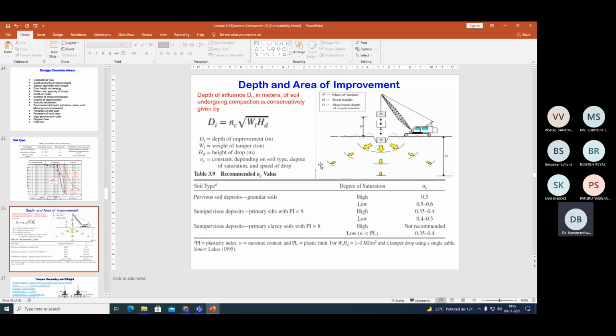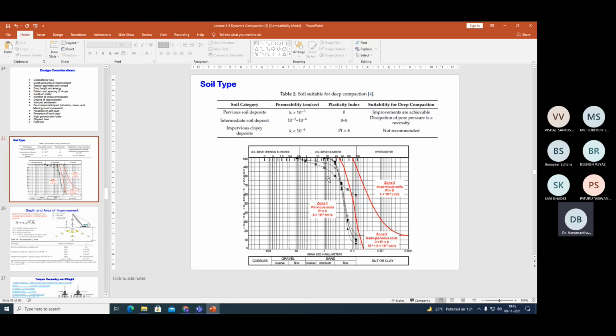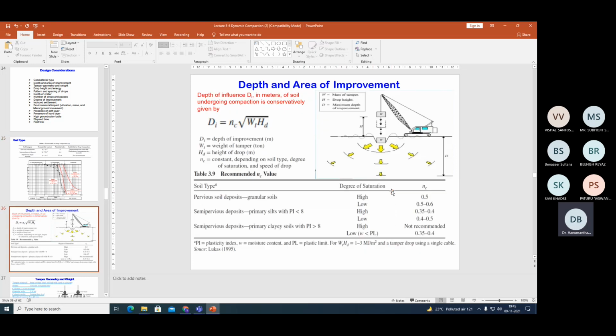Second, depending upon the identified soil type from the previous slide, like here I know the zone 1 pervious or semi-pervious or impervious, pick up the value of the alpha, which is also called NC, alpha or NC. Different people have given different designations, so don't get confused.